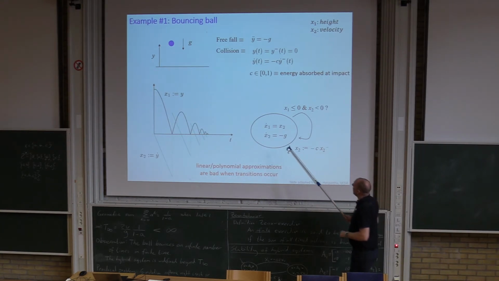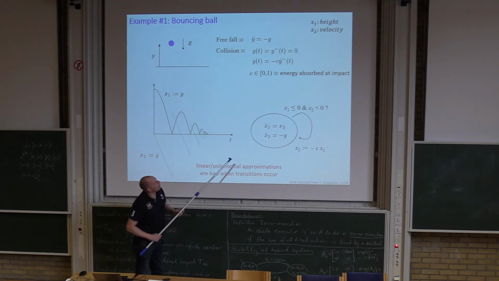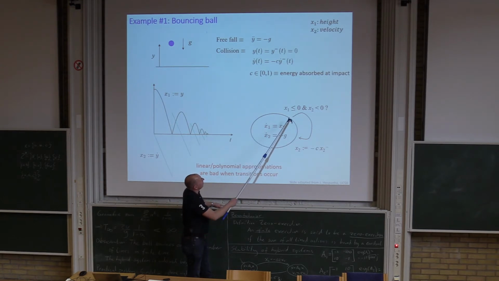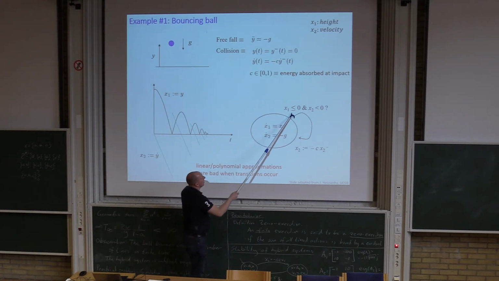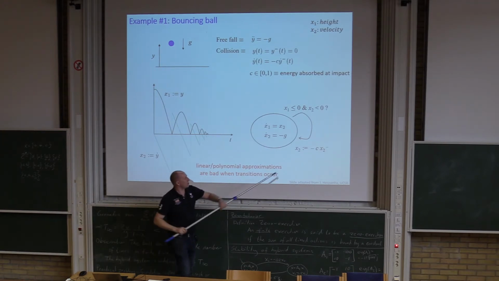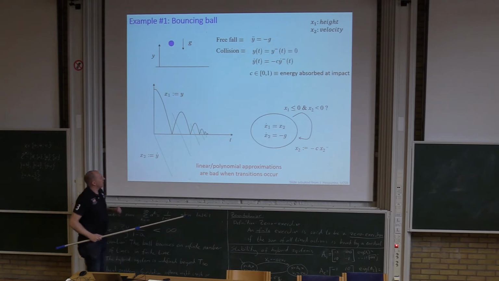So we have the same dynamics as we wrote on the blackboard before, and then we can write this guard condition. It says that it should switch when the height is less than 0 and the velocity is negative, meaning that the ball is going downwards, right? And then you change the velocity to this.